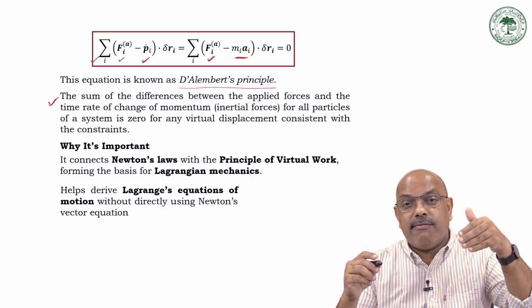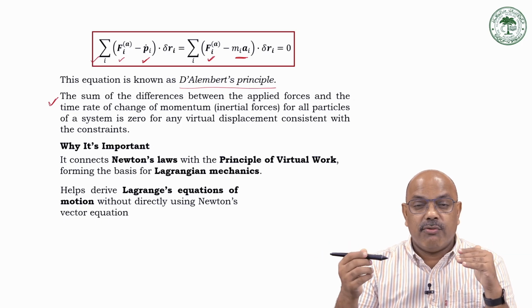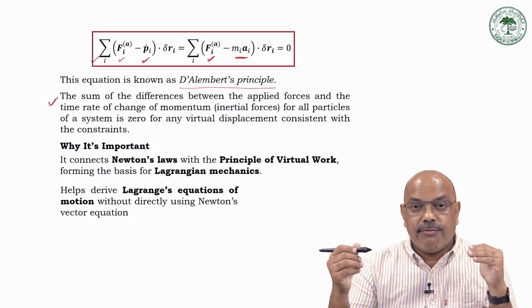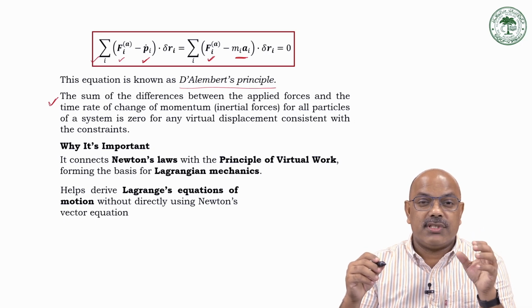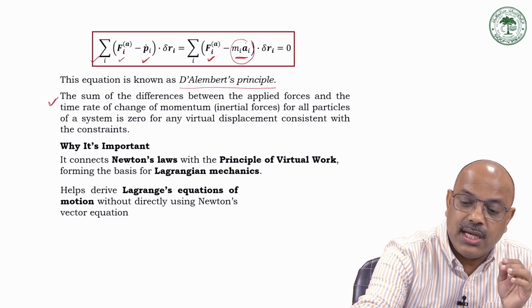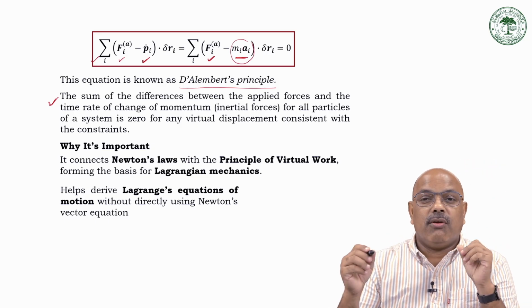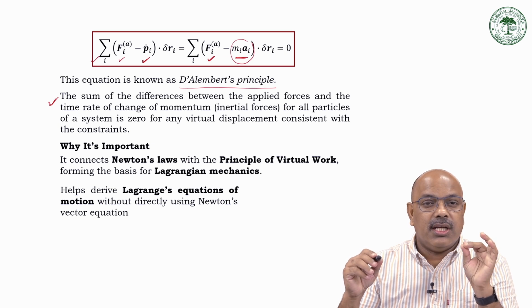For example, if I apply a force and we have a frictional force opposing it in the negative direction, and the system is not moving or is in dynamical equilibrium, that is my inertial forces, the time rate of change of momentum. These are m a, velocity, and all these. So this is the statement of the D'Alembert principle.